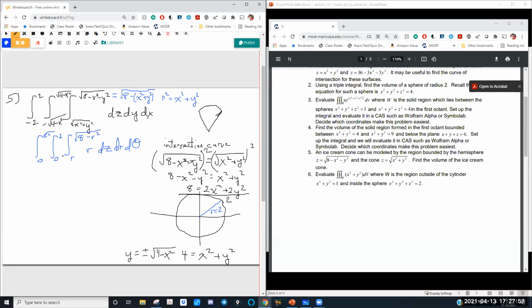We can see the blue integral, if we had to do this one by hand, is going to be much easier than the black integral. So cylindrical would be a better choice for this one. Okay, questions about the cylindrical version?